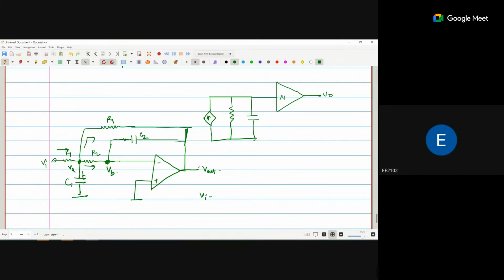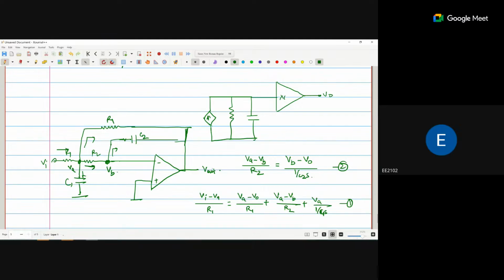So (Vi minus VA) upon R1 is equal to (VA minus Vout) upon R1 plus (VA minus VB) upon R2 plus VA divided by 1/(C1s). This is my first equation. The second equation is (VA minus VB) upon R2 equal to (VB minus Vout) upon 1/(C2s).